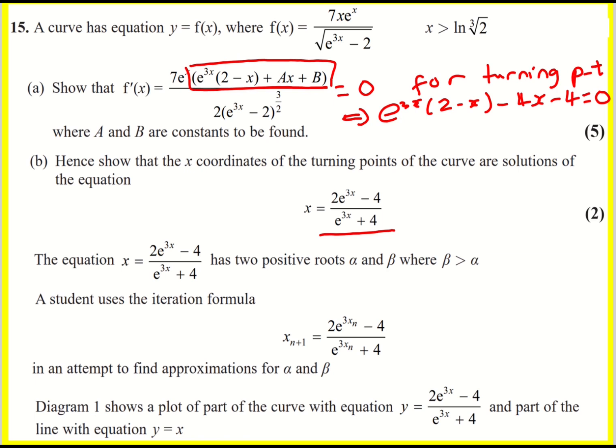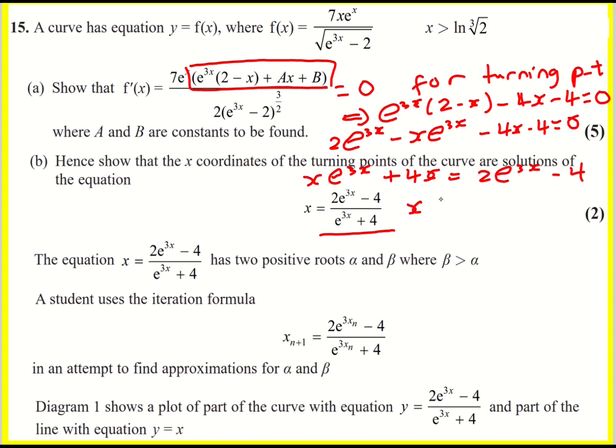And what this question is actually asking me to do is make x the subject of this. Well, not make x the subject, because x is still on the right hand side, but get all our e^(3x)'s on one side and x by itself on the other. So I'm going to expand this out. Then I will add x e^(3x) to both sides and 4x to both sides, which gives me 2e^(3x) minus 4.